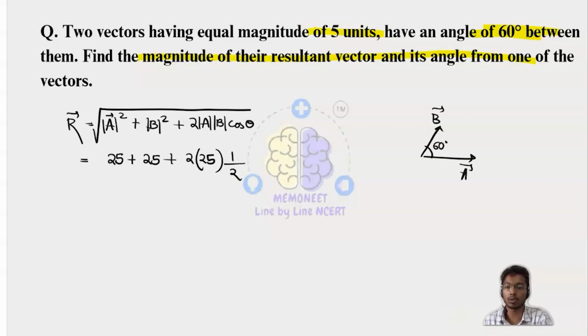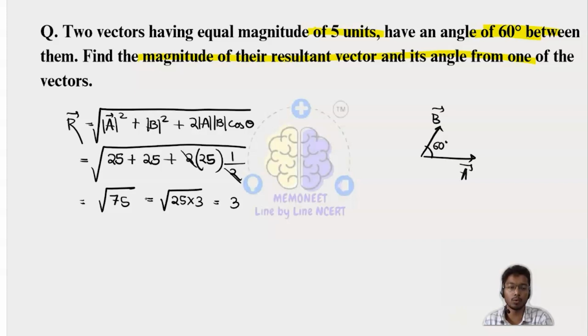If we cut it down, the total value will be equal to under root of 75. We can write it as under root of 25 into 3, that is 5 root 3. This is equal to 5 under root 3. So this is the resultant between the two vectors.